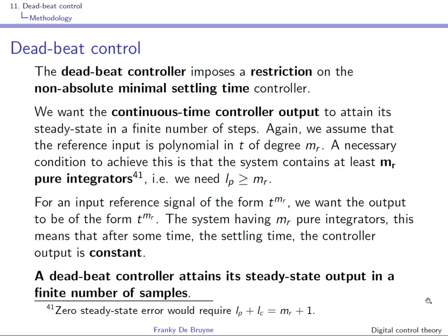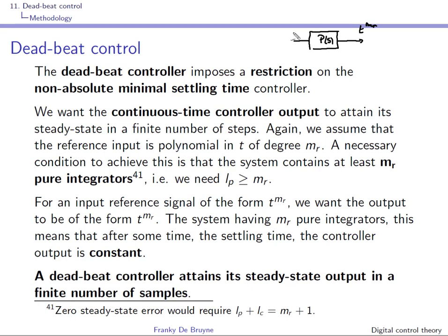Well, it is not possible to use deadbeat control for any type of system. And to see this, assume that we want to follow a reference signal that is polynomial in mR. This means that at the output of the process, we have an output that is growing as t to the power mR. And at some stage we have said we want the input to attain its final steady state value.